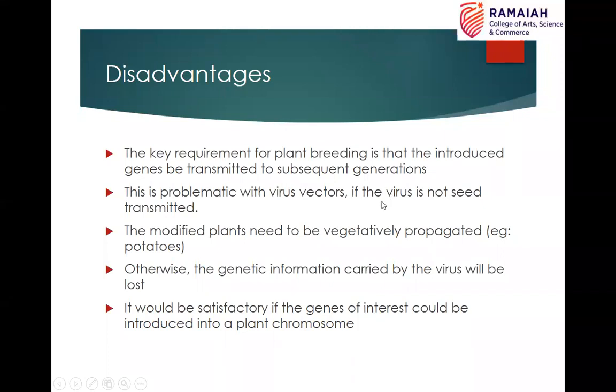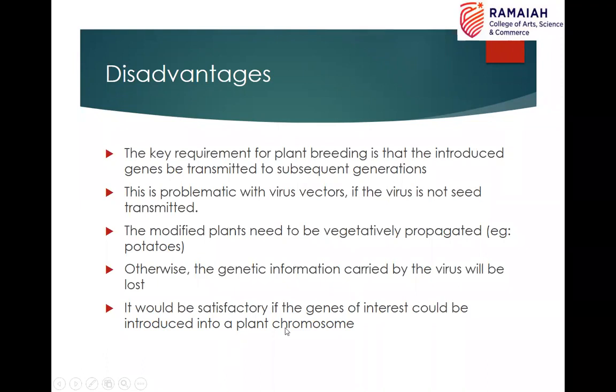In that case, the genetically modified plants need to be vegetatively propagated. This is all right in case of plants that can be vegetatively propagated, like potatoes. If those plants are not vegetatively propagated, the genetic information carried by the virus will be lost if the virus is not seed transmitted.